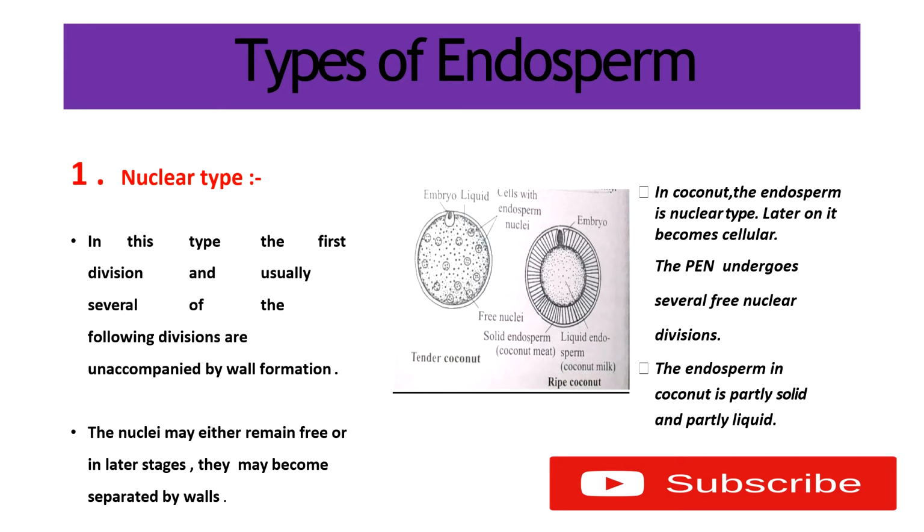At the mature stage the coconut has some water, which means it remains partially liquid and partially solid, partially cellular and partially free nuclear. That is a typical, familiar practical example from our day-to-day life. That's why I told you that the endosperm of most plants is edible for us.